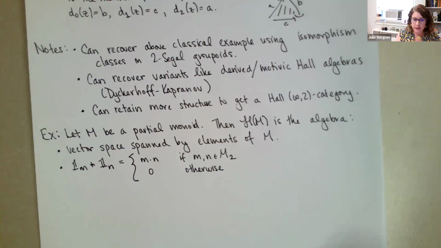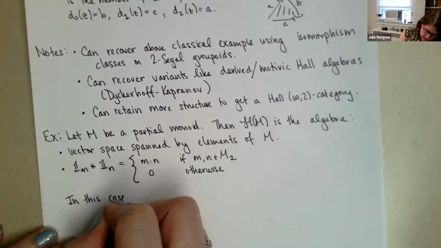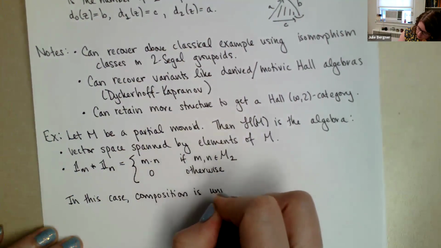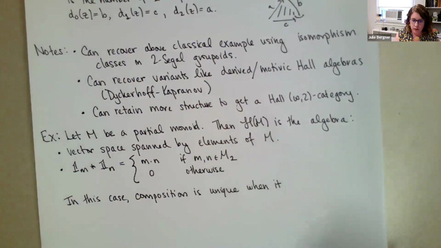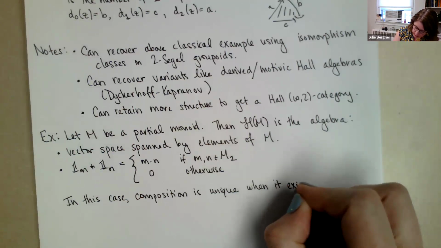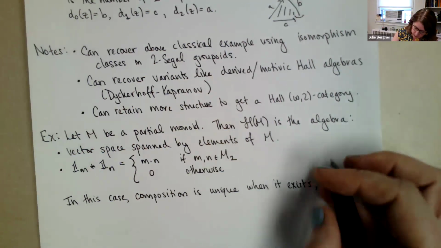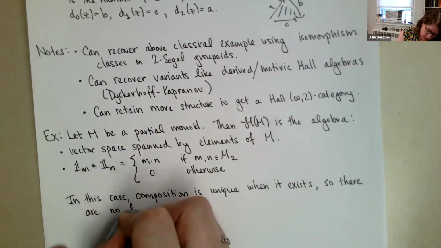So this is not a terribly interesting algebra. This is happening because, in this case, composition is unique when it exists. So there's no multi-valued composition. It's just sometimes defined, sometimes not, and if it is defined, it's unique. So there are no longer sums.